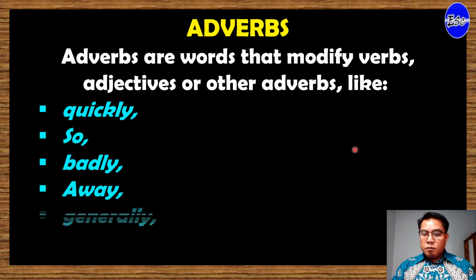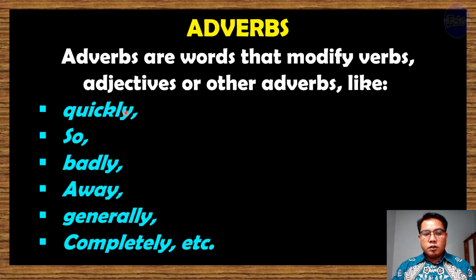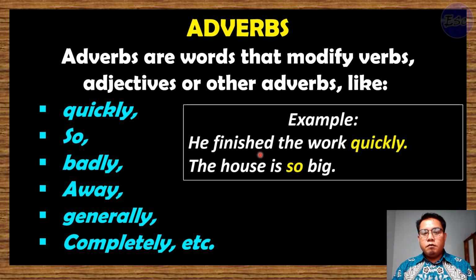Here are some examples of adverbs in English: quickly, so, badly, away, generally, completely, etc. For example, he finished the work quickly. Quickly is a kind of adverb, specifically adverb of manner. It modifies the verb. How did he finish the work? Quickly. So that is why it modifies finish.